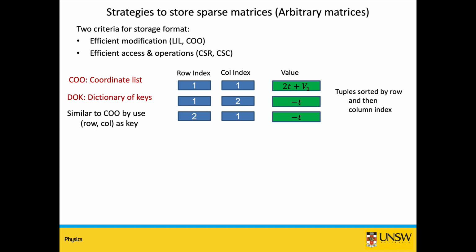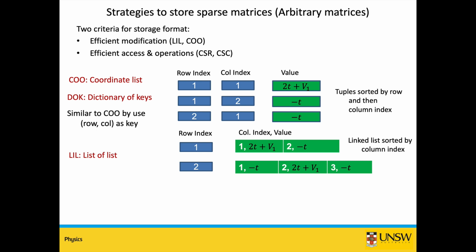And then there are other similar formats, like dictionary of keys, where instead of the row indices and the column indices explicitly stored as integers, you can store them as keys of a dictionary, and when you specify the row and column index, the dictionary will map onto the value that you have stored. So that's another way to save the same information. It's kind of similar.